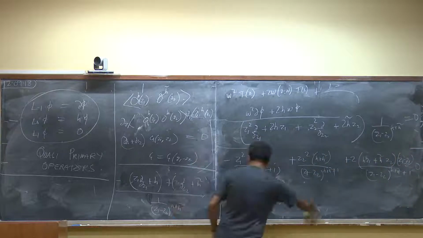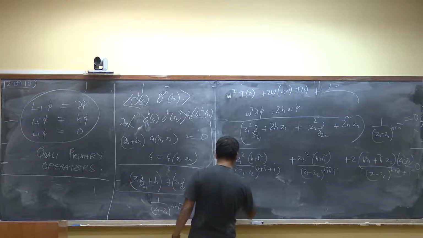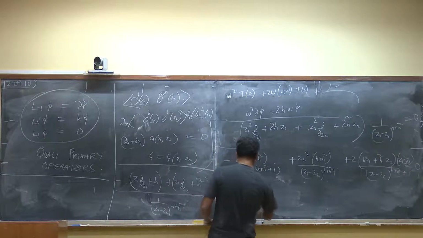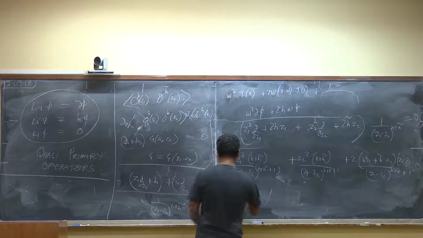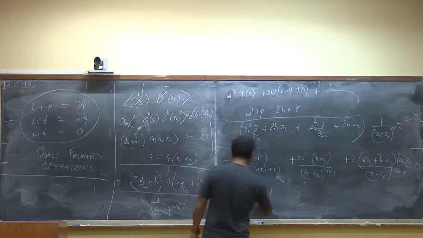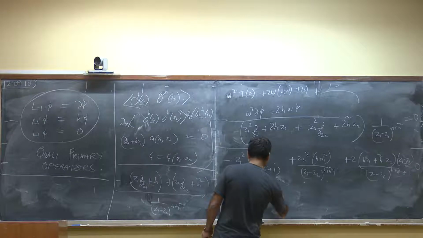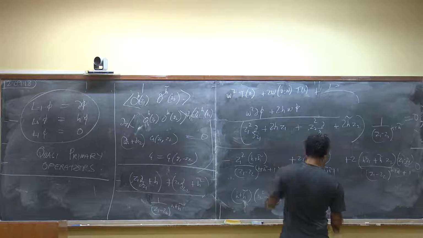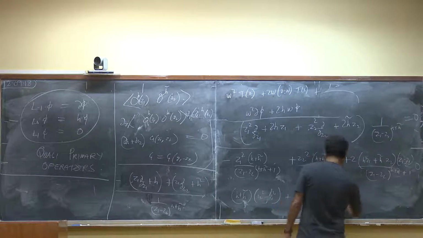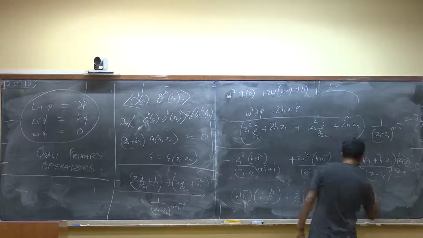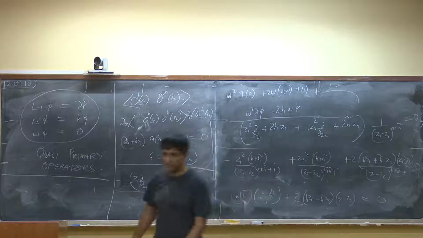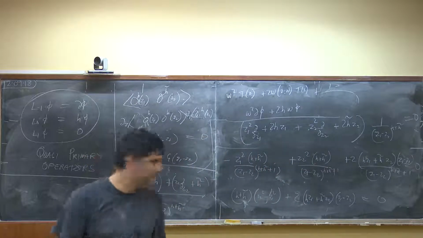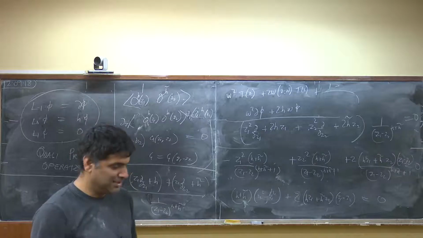So we get the quadratic equation: minus Z1 squared (H plus H tilde) into (Z2 squared minus Z1 squared), plus 2 (H Z1 plus H tilde Z2)(Z1 minus Z2) is equal to 0. Unfortunately, for arbitrary H and H tilde, this equation is just not true. So what's wrong?